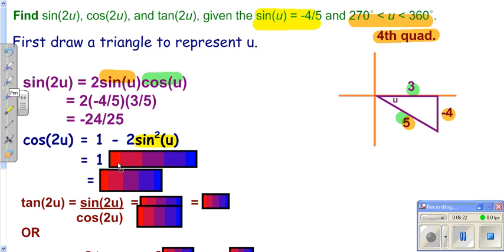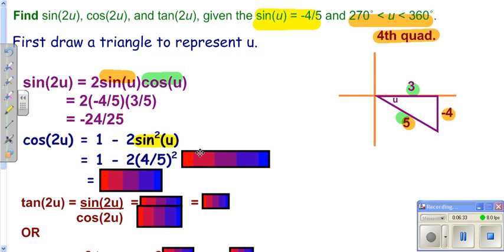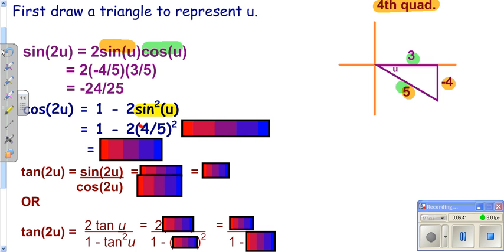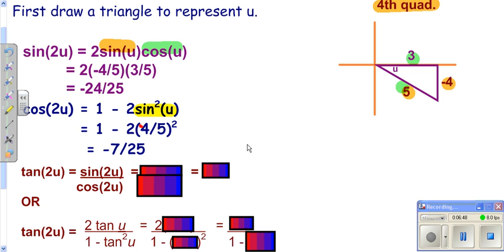So I'll go 1 minus 2, and then the sine of u, which is your negative 4/5, I'll put in there, and then square it. You might be saying, well, it is negative. Yes, it's negative, but if you square it, it really doesn't make a difference. So then you can type that into your calculator or do it in your head, and you get a negative 7 over 25.